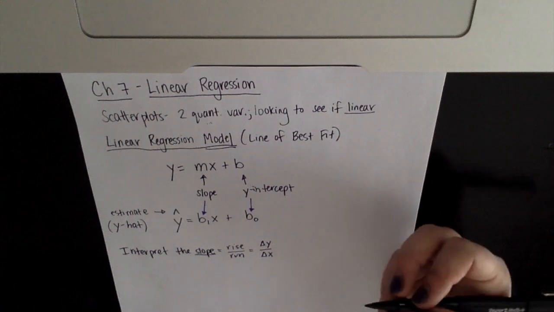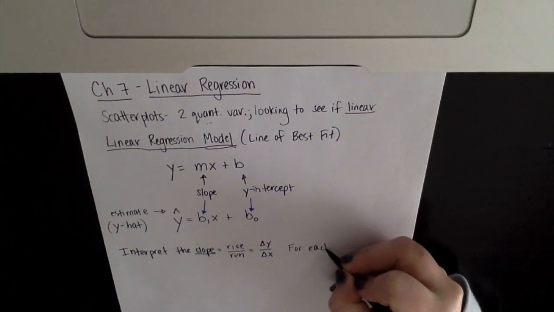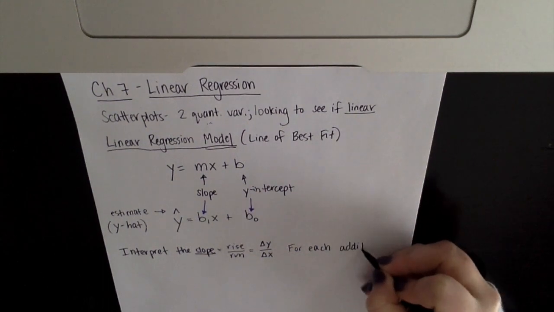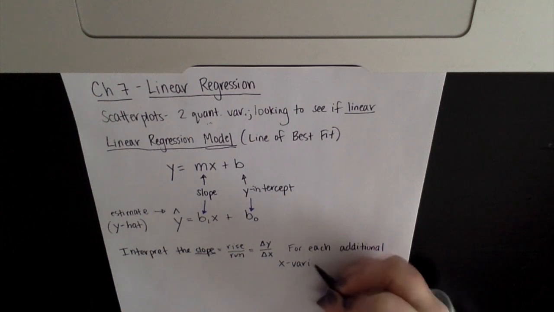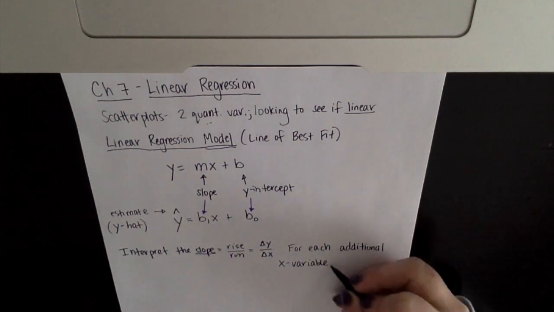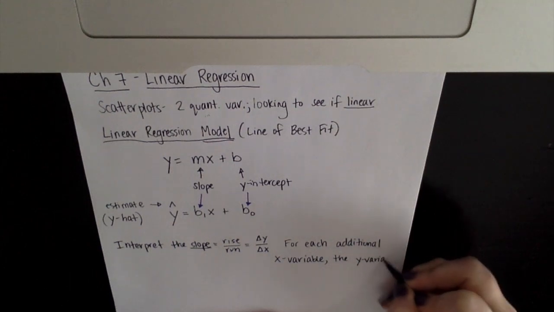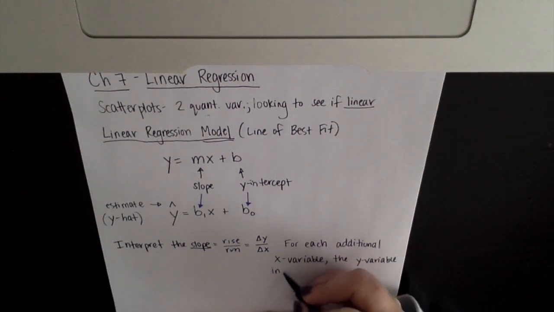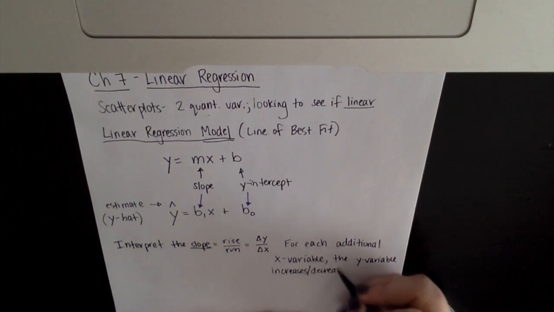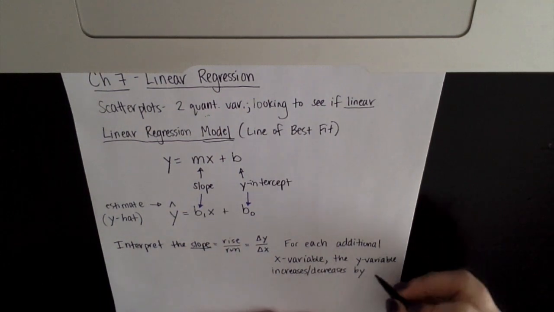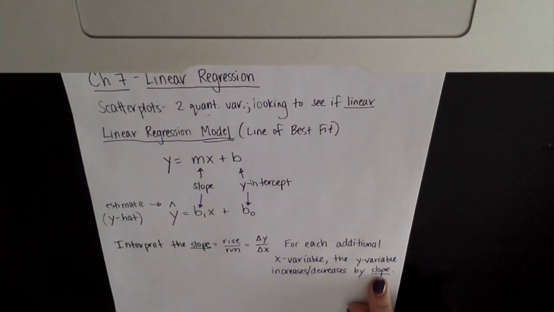So the way the slope is described is that for each additional x variable, the y variable, and then we have to choose increases or decreases by, and then you plop the slope number in, the value that goes with the slope, okay?